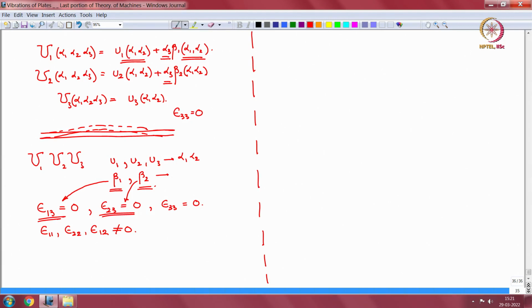Now one more thing. This theory is going to have discrepancy. This is an approximate theory of thin shells and plates, or thin plates and shells.